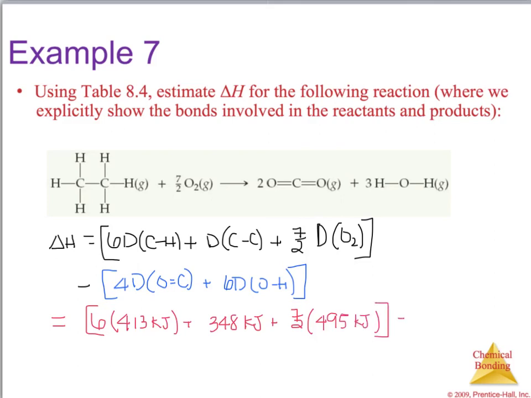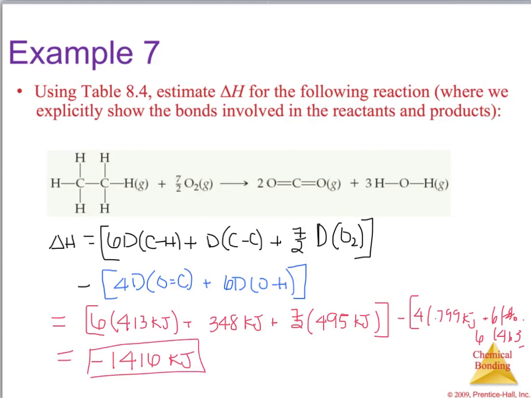And I'm going to subtract from that 4 times 799 kilojoules plus 6 times 463. Oh, let me rewrite that down below. So 6 times 463. So when I go ahead and I add these up and subtract, we get a negative 1,416 kilojoules is the difference from my bonds breaking to my bonds that are being formed.